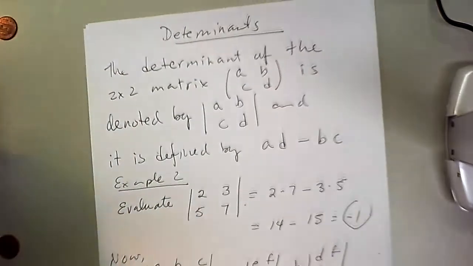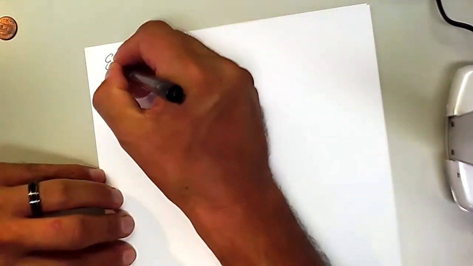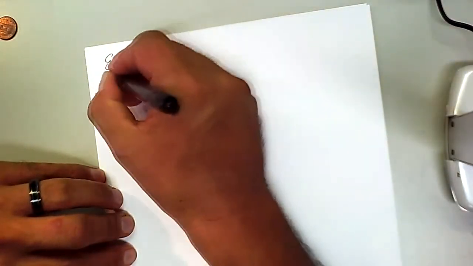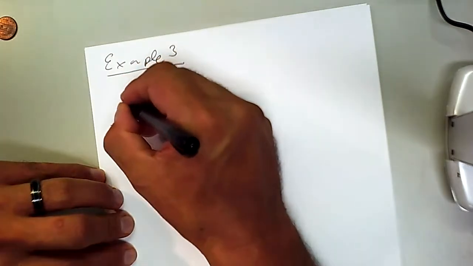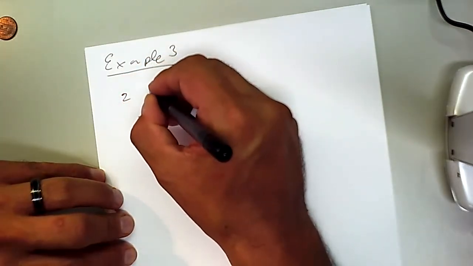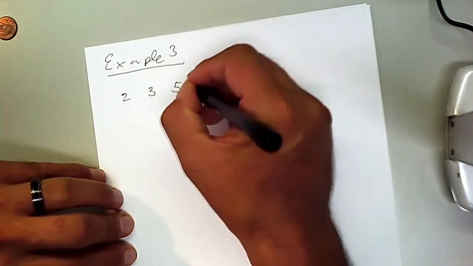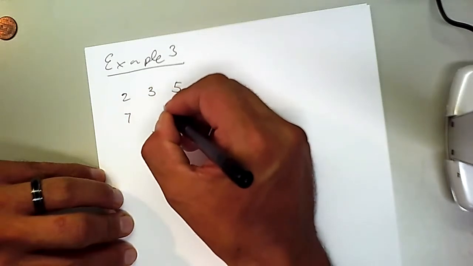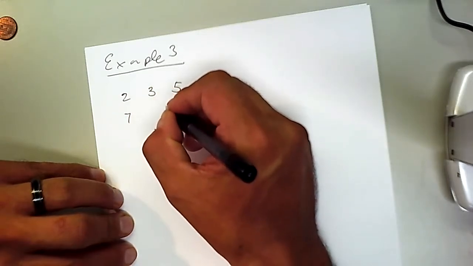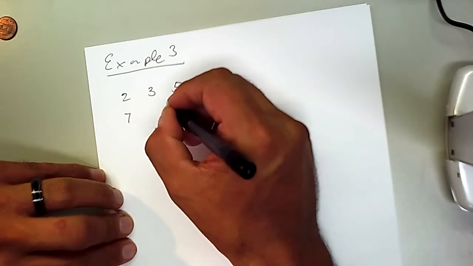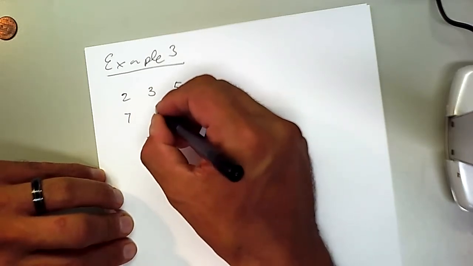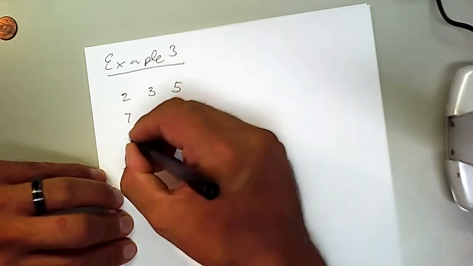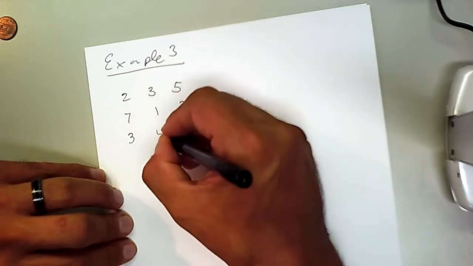Let's do an example very quickly. Example 3, let's say you have 2, 3, 5. I don't want to go to 2 digits, so let's go back to 1, 2, 3, 4.